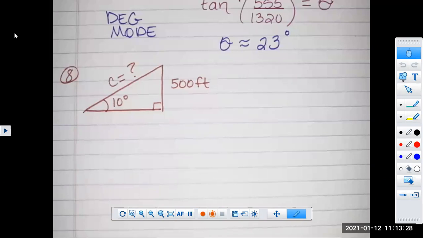When it has gained 500 feet, find the distance to the nearest foot.